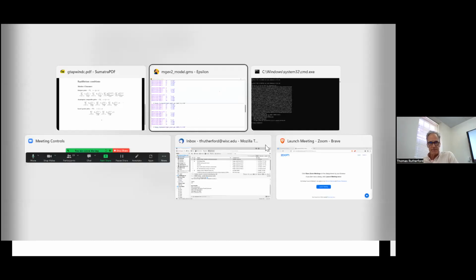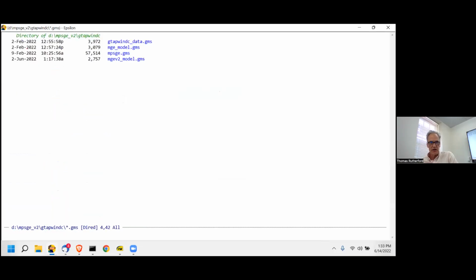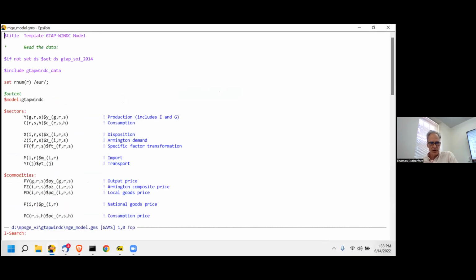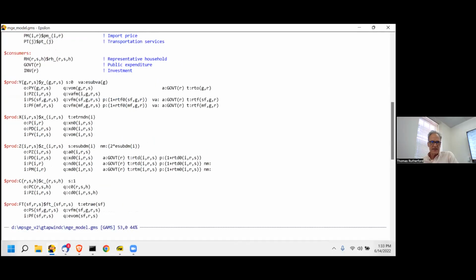So if I look at the MPSGE model here, this is the output axis PD. So if I look at PD, that says the domestic output of commodity I in GTAP region R, state S, that's VOM, and that is allocated either to the national market, which has a price of P of IR, that's XN0, or it gets used in the local market, XD0.